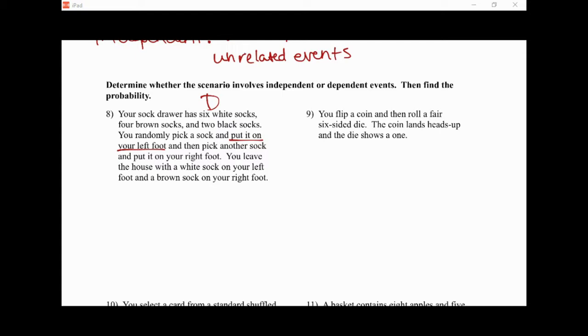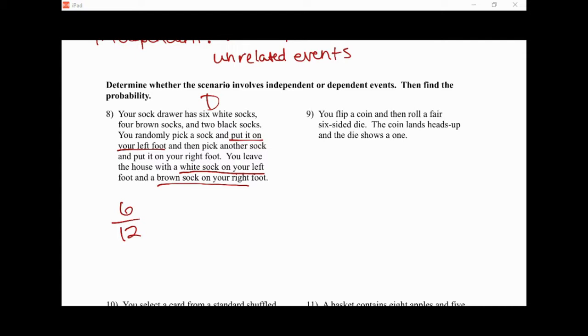Then you pick another sock and put it on your right foot. What's the probability that you've got a white sock first, and then a brown sock on your right? The probability of getting a white sock is 6 out of 12. So 6 white socks, 12 total.